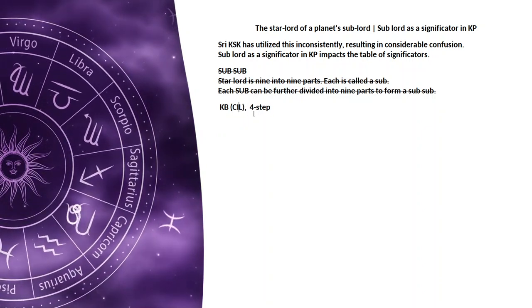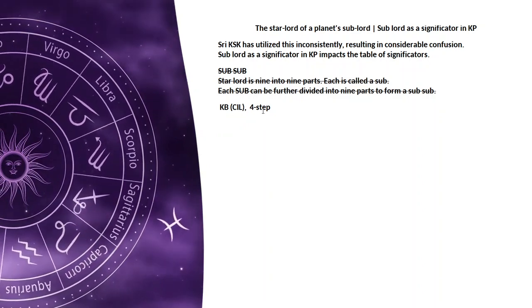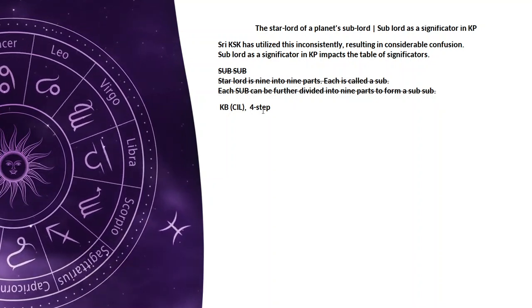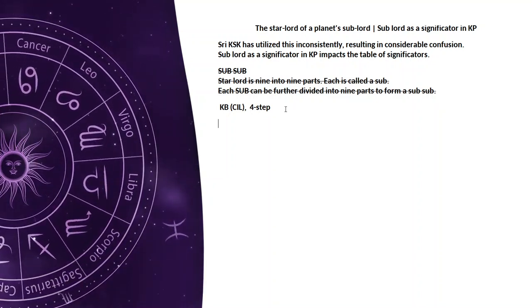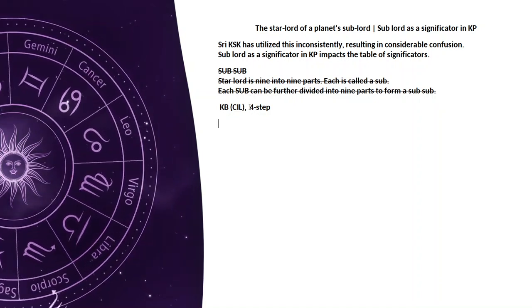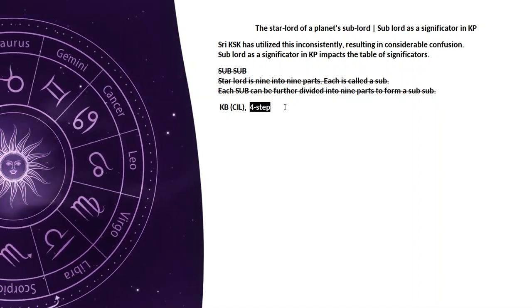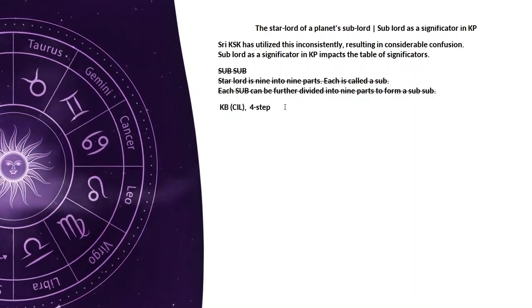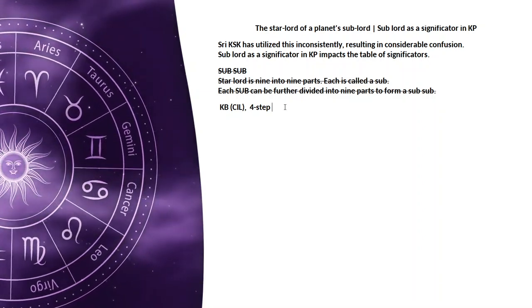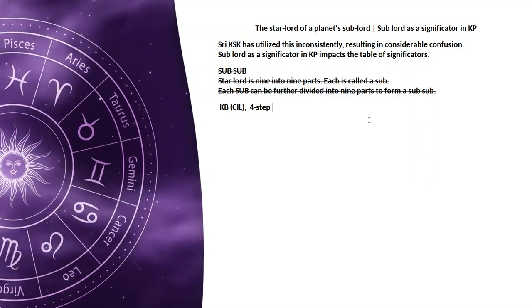Many of you might be aware of it. This method was made popular by Krishnamurti's disciple Bhaskaran. And the second is the 4-step method in Krishnamurti Paddhati. Both of these methods I have explained in some of my earlier videos.